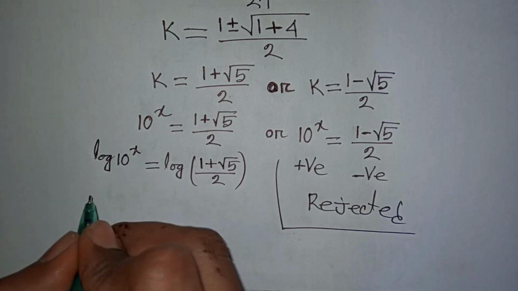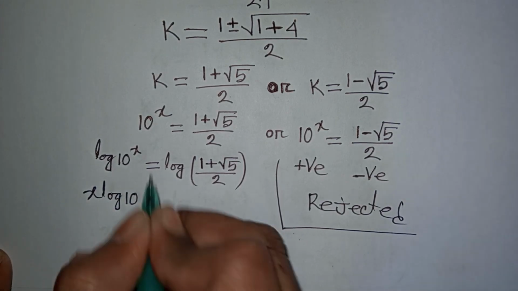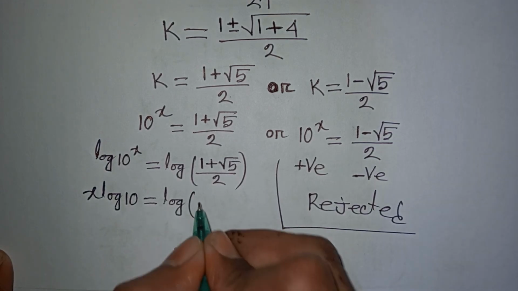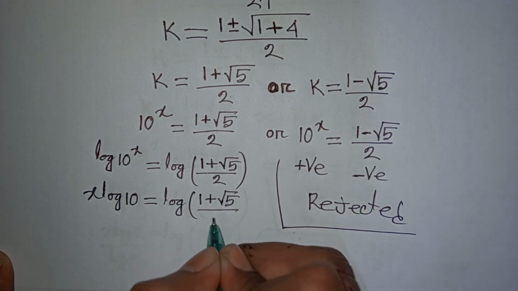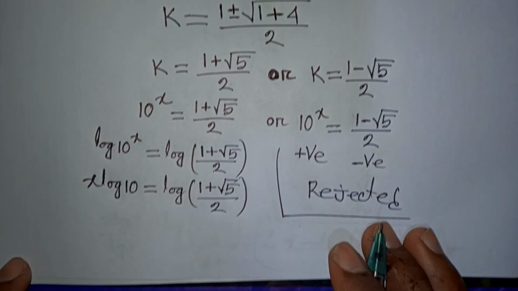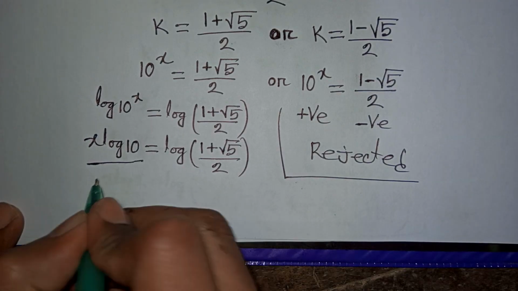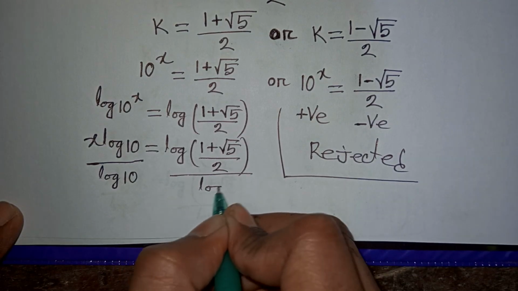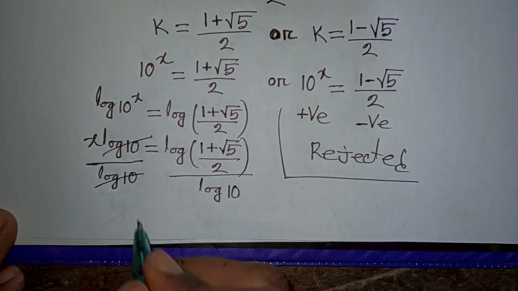So, it will be x log 10 is equal to log of (1 plus square root of 5) over 2. Now, we need the value of x. So, I divide by log 10 on both sides. Now, this log 10 will be cancelled.